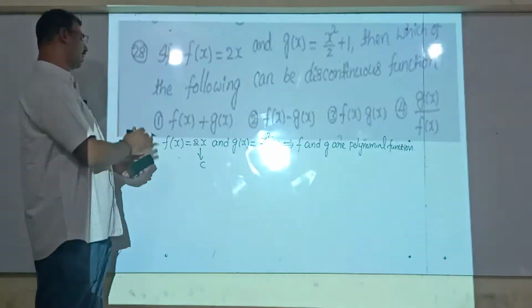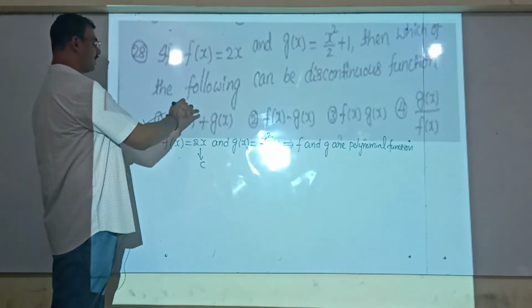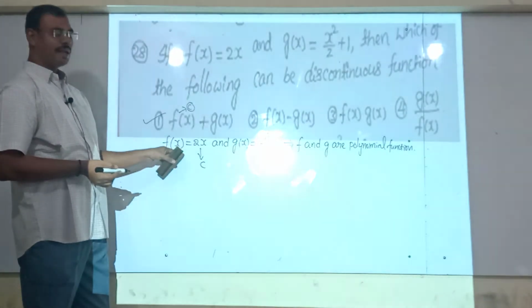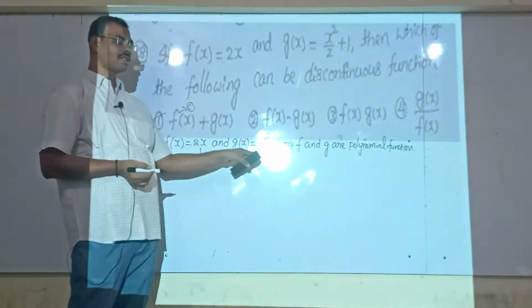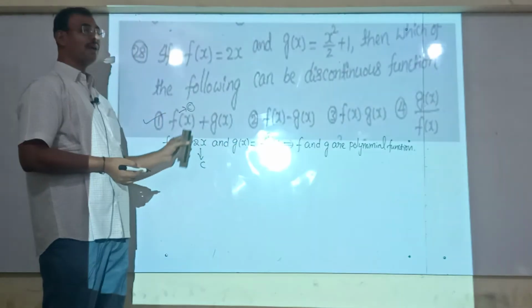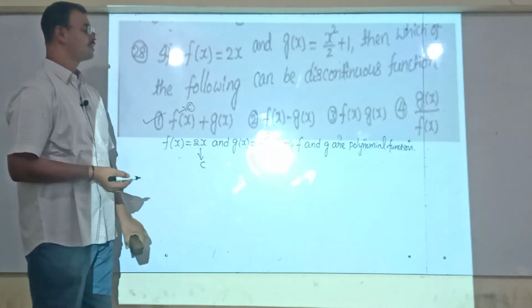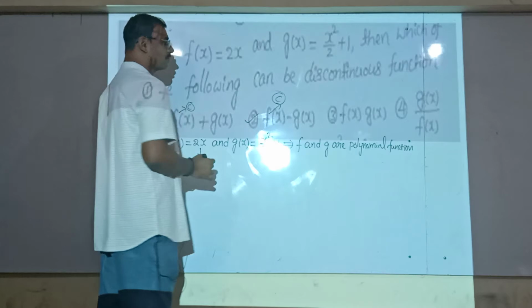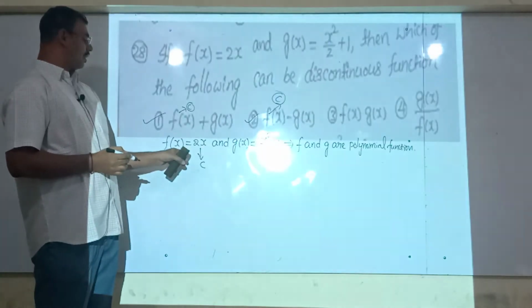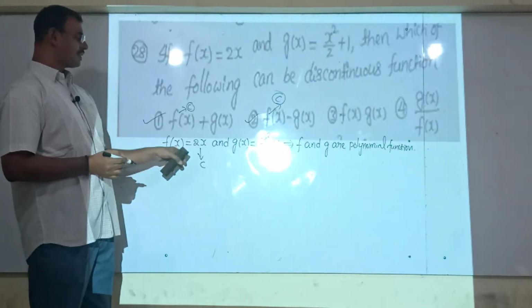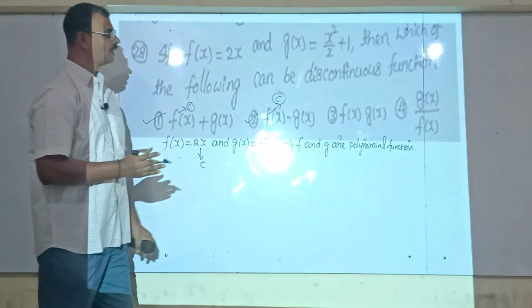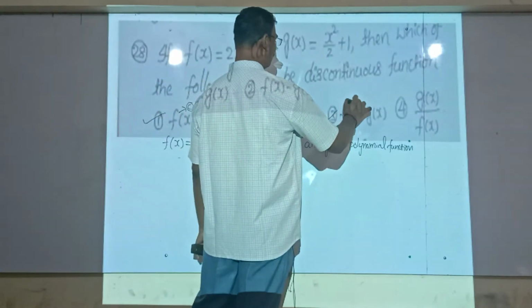The sum f plus g is also continuous. So option number 1 is continuous. Next property: f is continuous, g is continuous, then f minus g, the subtraction, is also continuous. And the third one, f is continuous, g is continuous, and their product is also continuous.